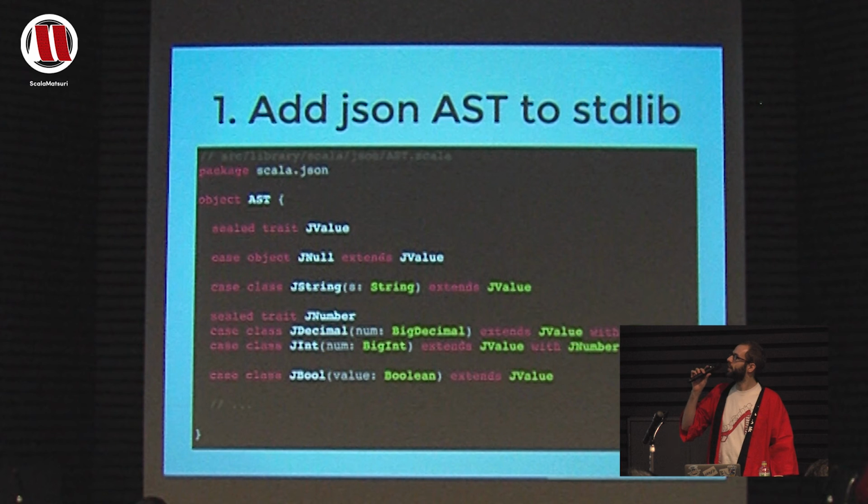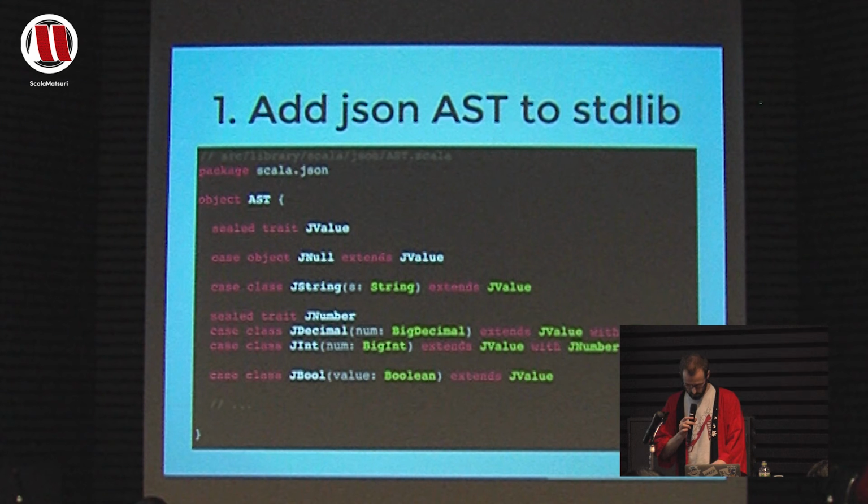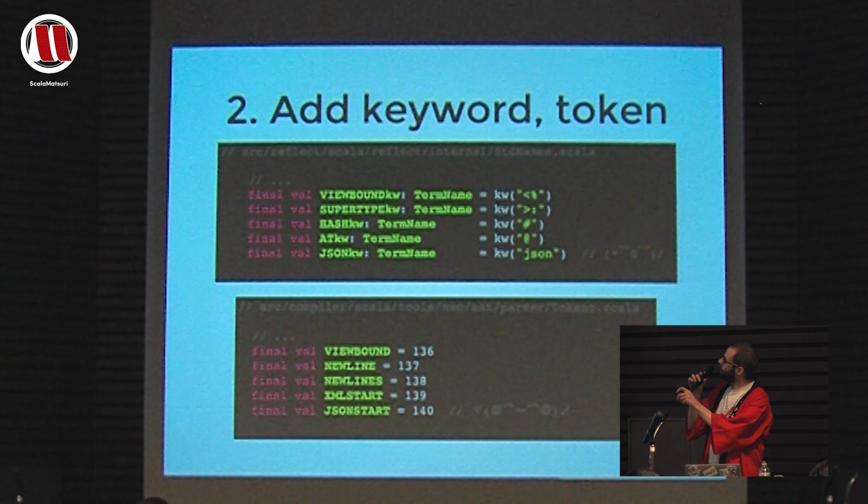Step one, I added the JSON AST to the standard library. So I added a new package, scala.json, and an AST. Just this is probably enough to get me death threats. Step two, I added a JSON keyword here.